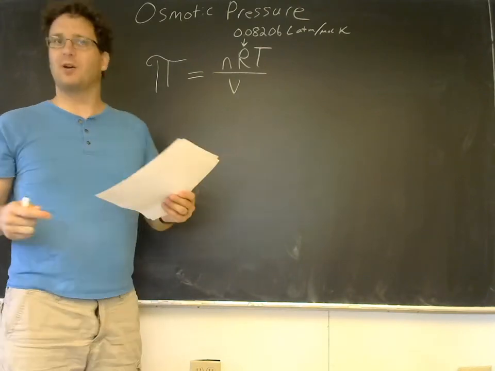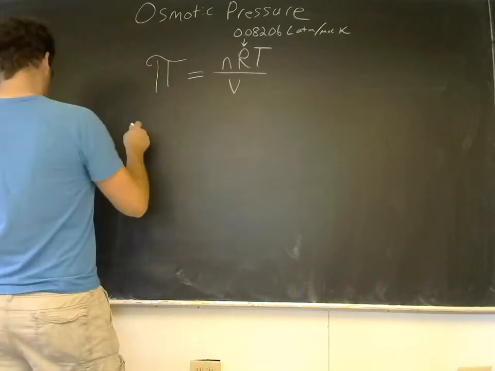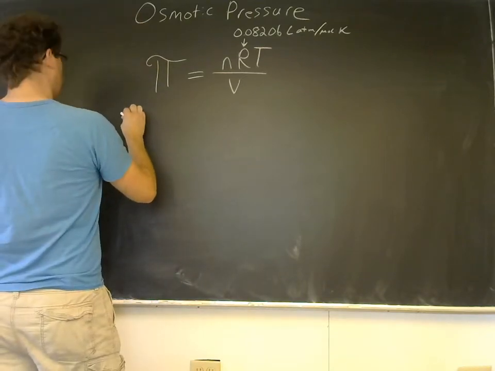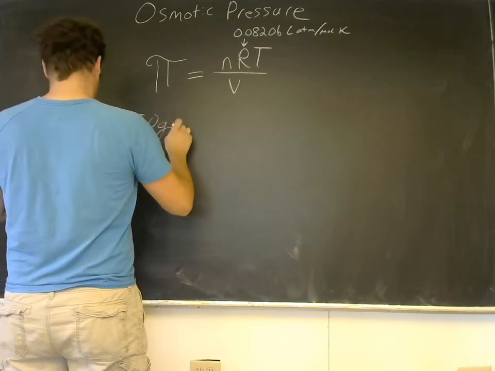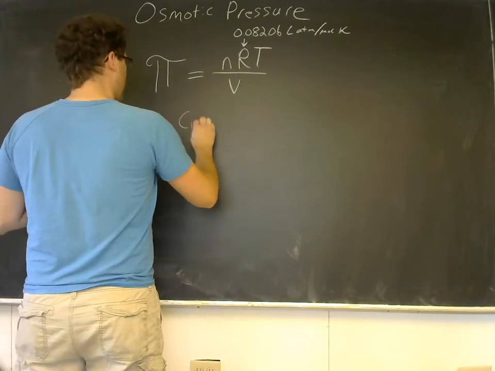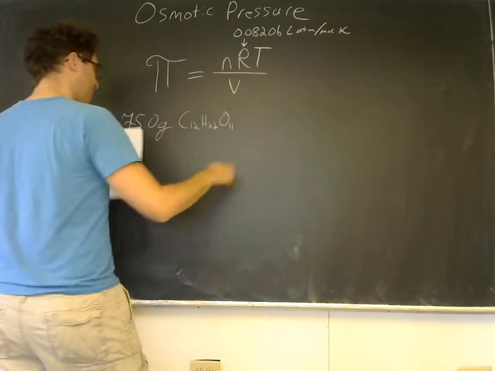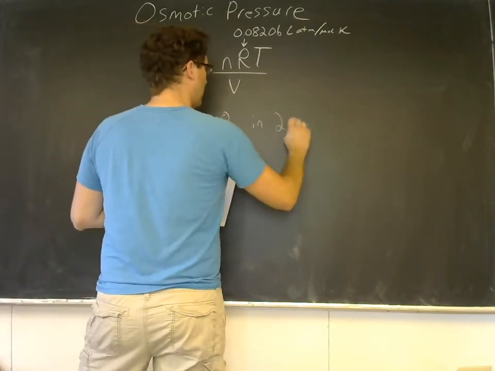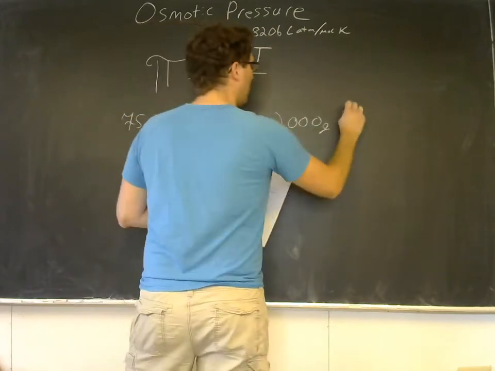Well, let's look at what happens with a solution. So let's calculate pi for a solution which contains 75 grams of sugar, C12H22O11, in 200.0 grams of water.